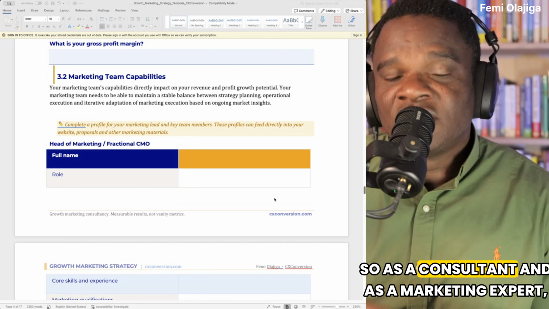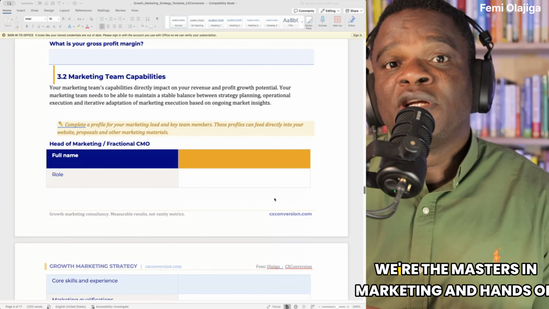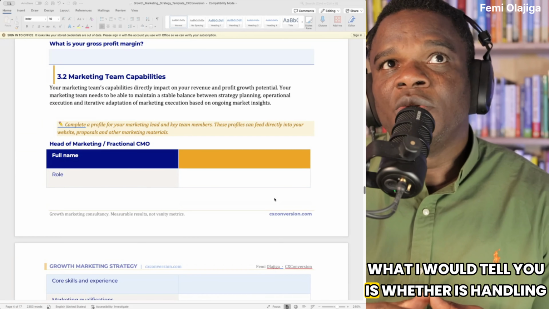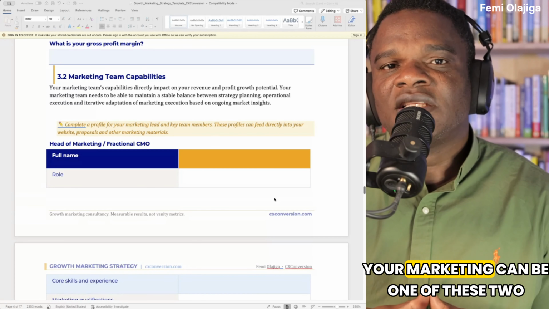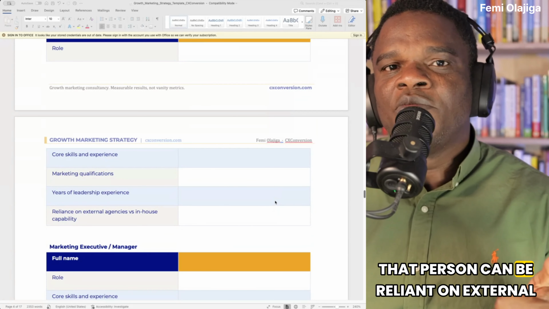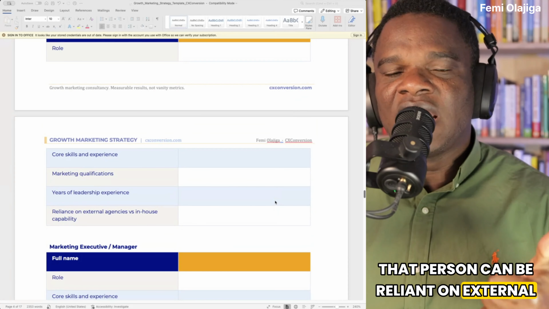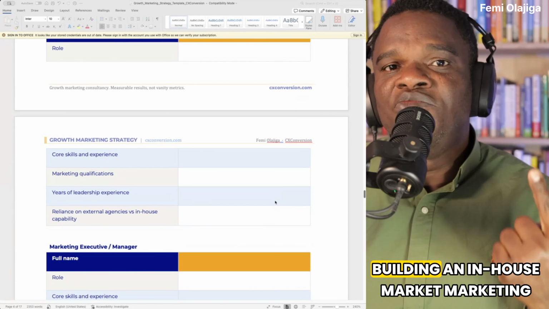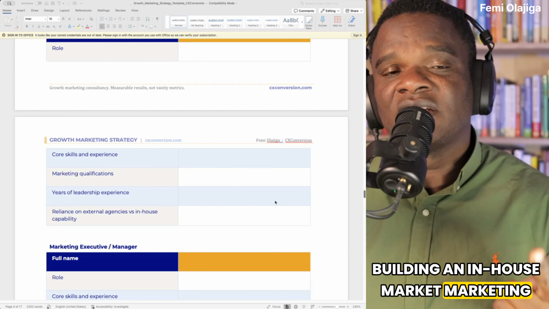So as a consultant and as a marketing expert with a master's in marketing and hands-on experience, what I would tell you is whoever is handling your marketing can be one of these two things. That person can be reliant on an external agency, or that person can have a mindset of building an in-house marketing capacity.